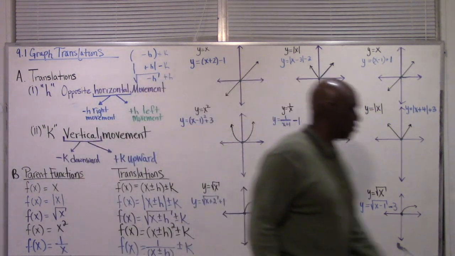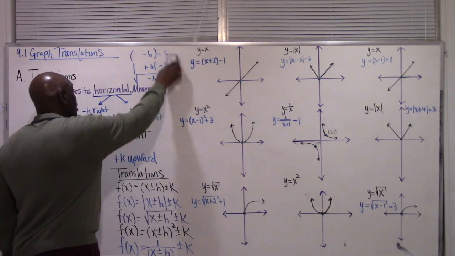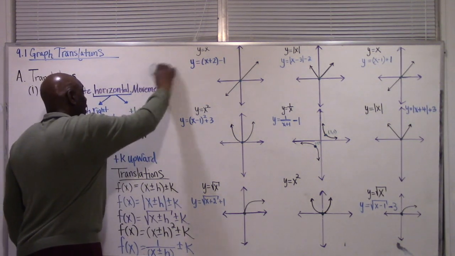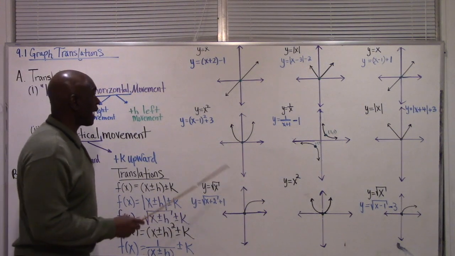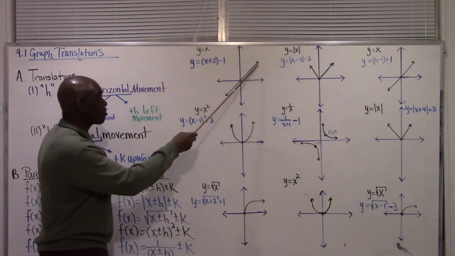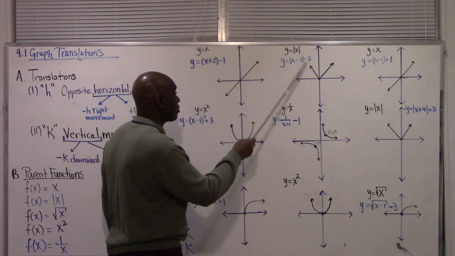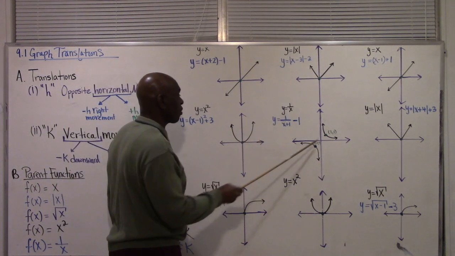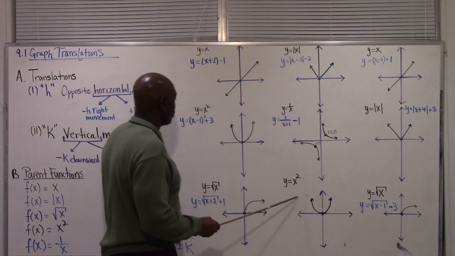All right, so what you have to do, ladies and gentlemen, is translate these parent graphs into the blue translated functions. All of my parent graphs are in black. Here's the parent function, here's the graph. Oh wait, how do I want you to translate this one?